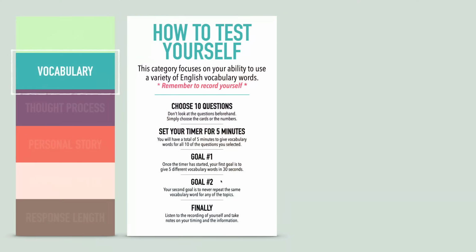Going back right here, goal number 1. Once the timer has started, your first goal is to give 5 different vocabulary words in 30 seconds. Just like I said earlier, the question was, tell me about your mom. Now I have a 5-minute timer, but I only have 30 seconds for each question.